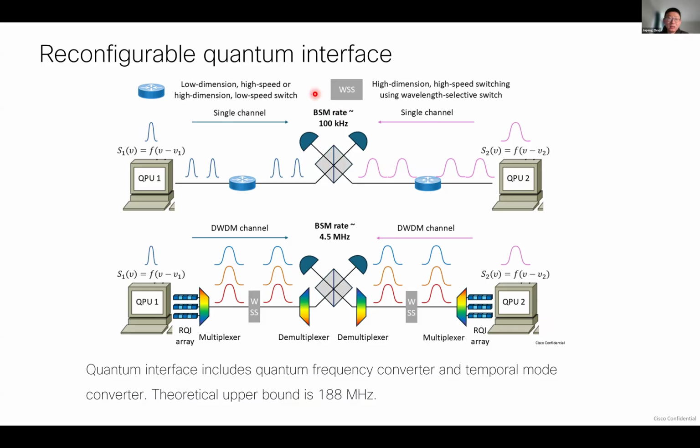And also, this reconfigurable quantum interface can provide multiplexing of the entangled photons, so that, in principle, we can improve the entire entanglement distribution rate from 100 kHz to 188 MHz. And our simulation rate here at 4.5 MHz is based on the experimental numbers we have in the lab.